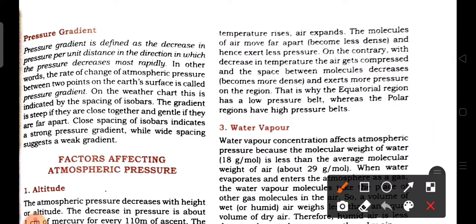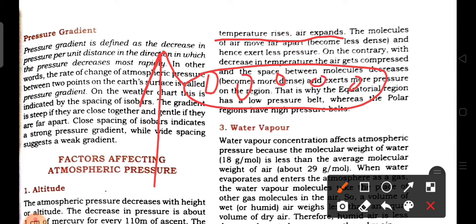The temperature rises and the air expands in that altitude. What do we mean by air expand? The air molecules get separated and do not collide with each other. That causes low pressure.